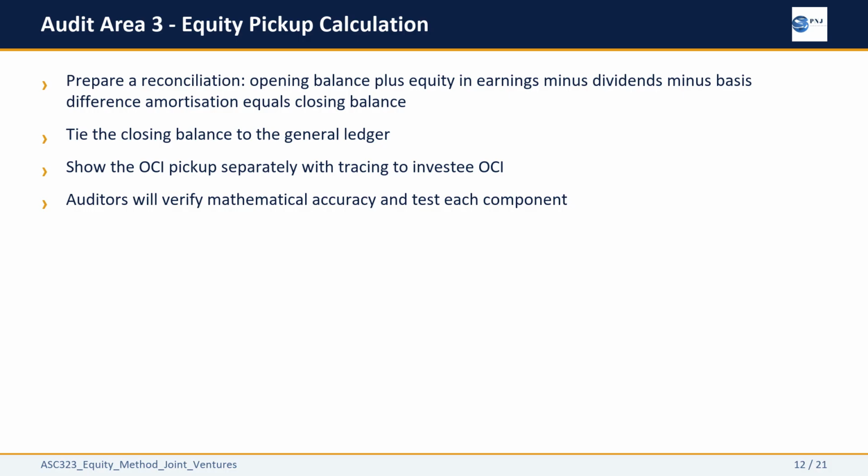The other comprehensive income pickup should be shown separately with direct tracing to the investee OCI schedule. Auditors will verify mathematical accuracy, confirm the ownership percentage applied, and test each component against source documents. A clean, well-labeled work paper here will move the audit forward quickly.